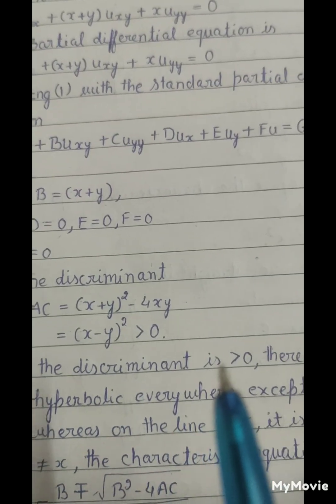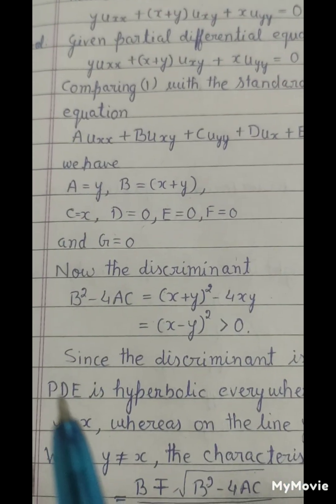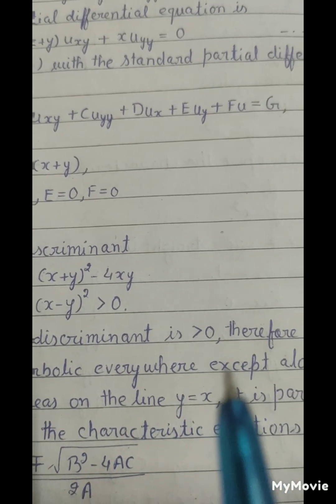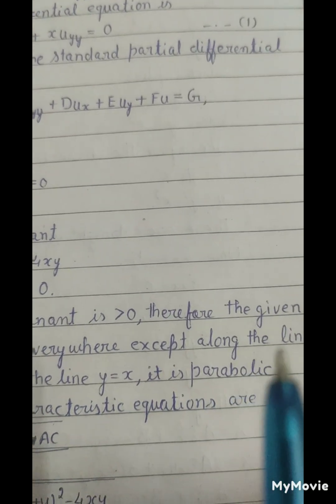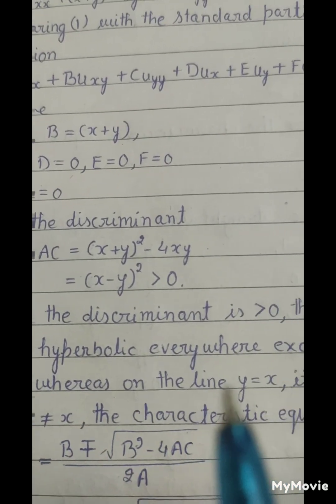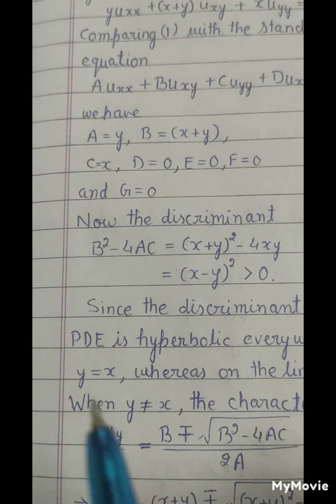Since the discriminant is greater than 0, the given partial differential equation is hyperbolic everywhere except along the line y equals x, whereas on the line y equals x it is parabolic.